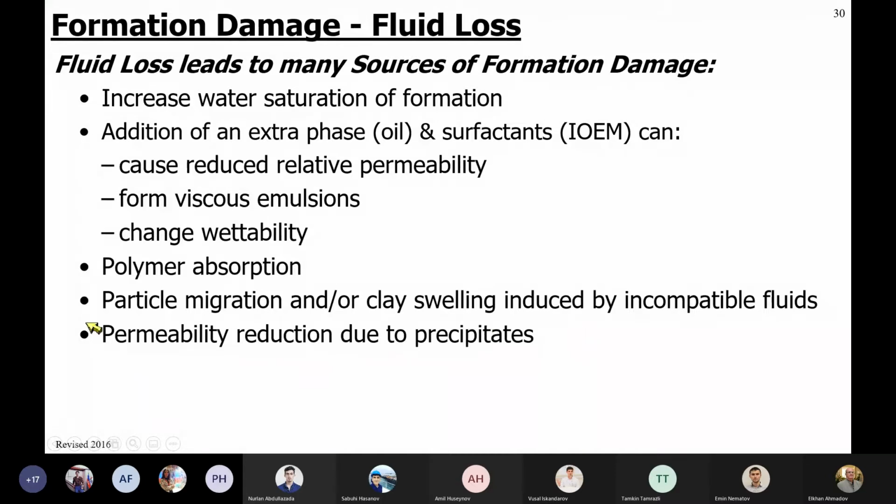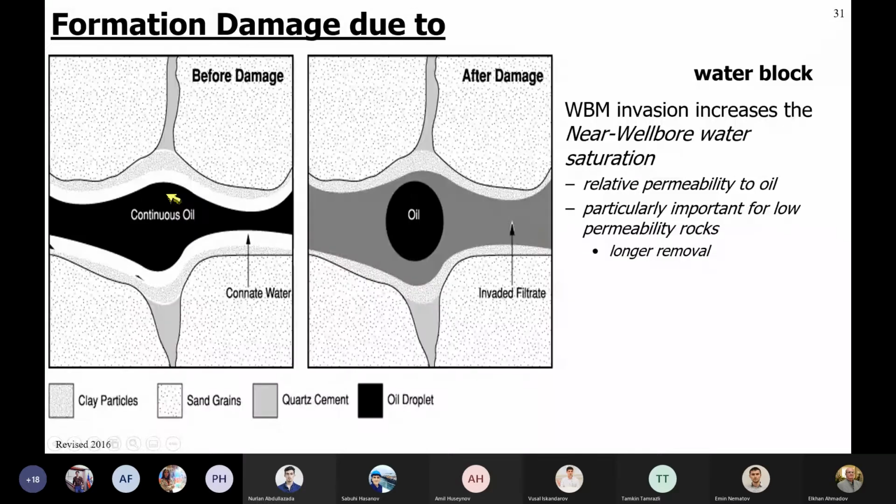And due to incompatible fluids, we may have some precipitations in the formation, which will again mechanically reduce the permeability of the formation. So this is a demonstration of the different damages. Here we have a water block after the invasion. Before damage we have a full continuous oil phase, but then the saturation changed and we have water blockage of the oil passes.